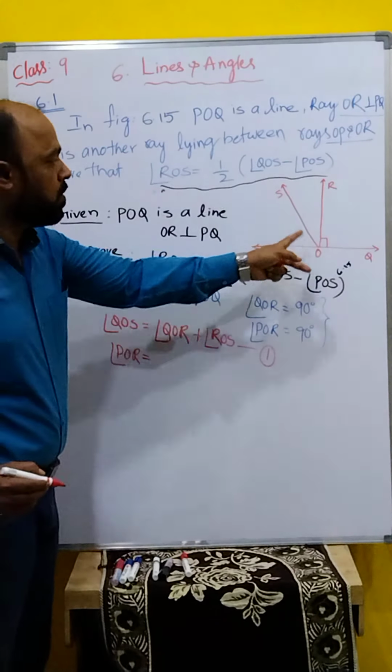That is number 2. Clear, children? I hope everyone is understanding. Angle QOS is equal to angle QOR plus angle ROS. Second, the left side: angle POR is equal to angle POS plus angle ROS.